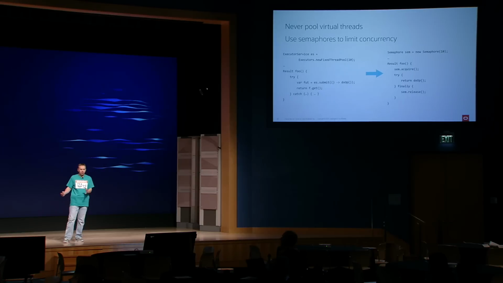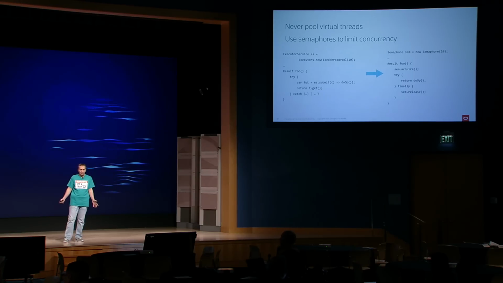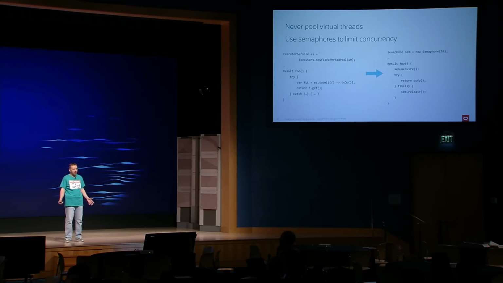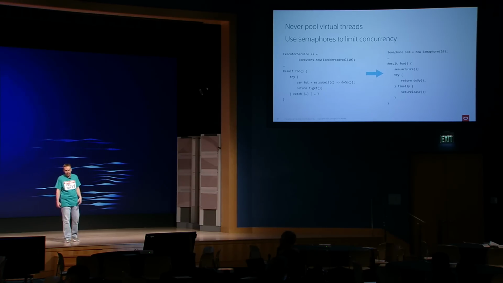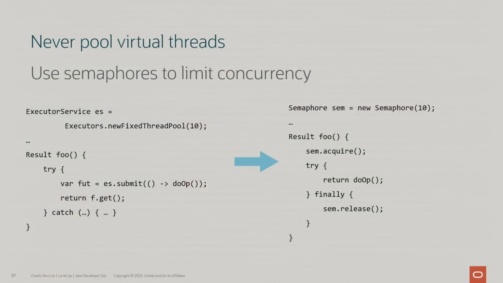And the size of the thread pool is a normal and classical way to do it right now. You shouldn't do it for virtual threads. Just use semaphores. It's another concurrent construct which is designed especially for limiting the concurrency of your application. Don't pool virtual threads at all.